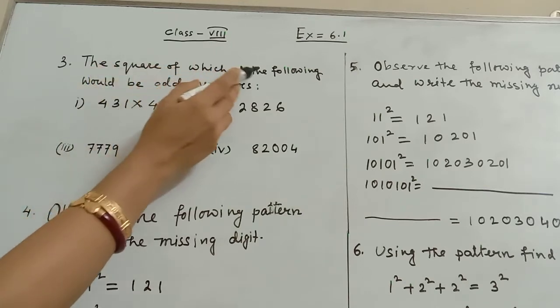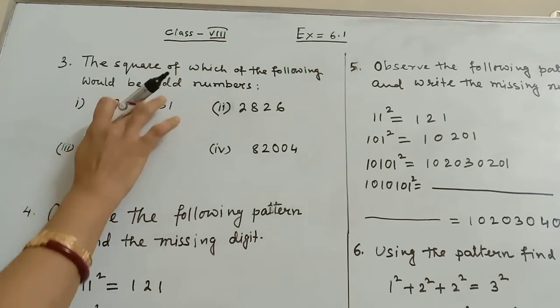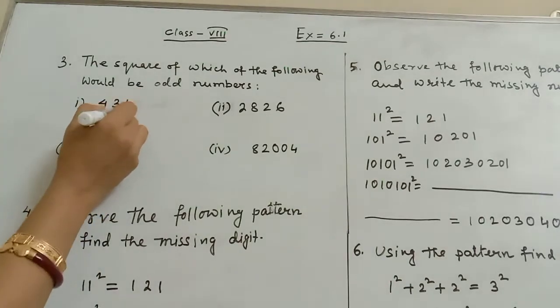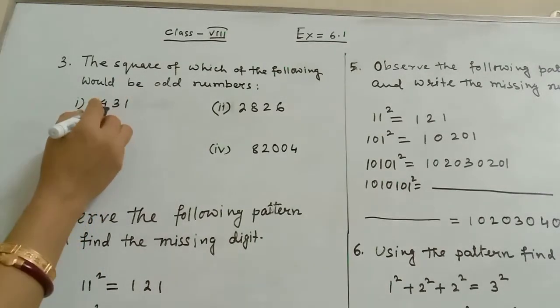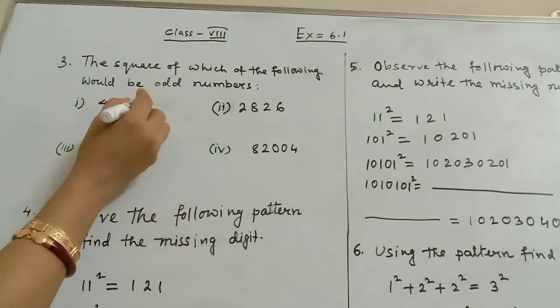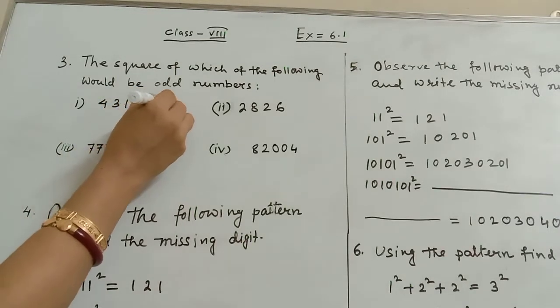That means when the unit place digit is an odd number, its square will also be an odd number. So the square of 431 will be an odd number.